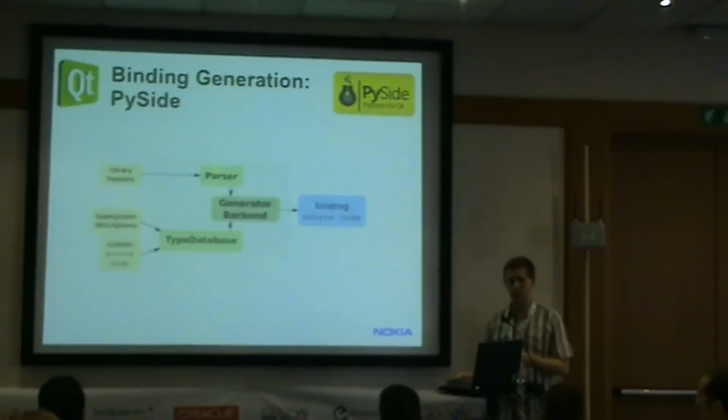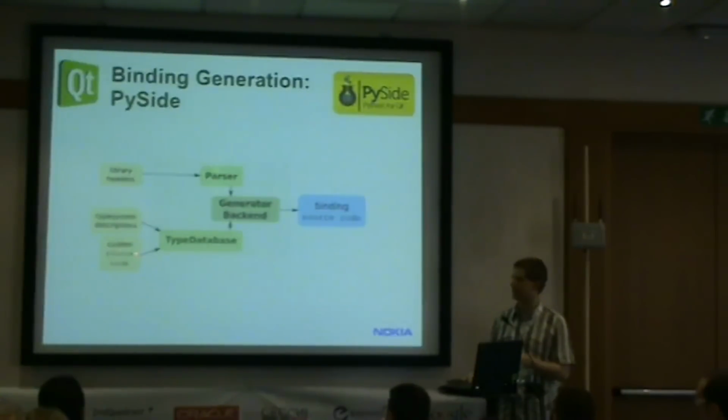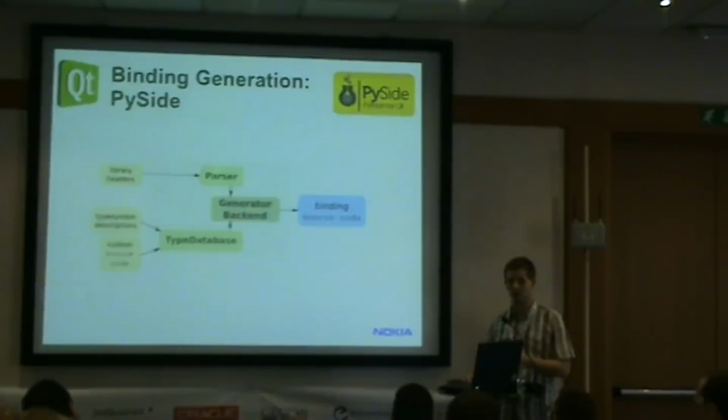In some cases, for example where we need to deal with pointers, we also need some custom glue code, and we have that. The library headers are parsed, and the other data makes up a type database, which is then fed to our generator backend, which generates direct CPython source code.